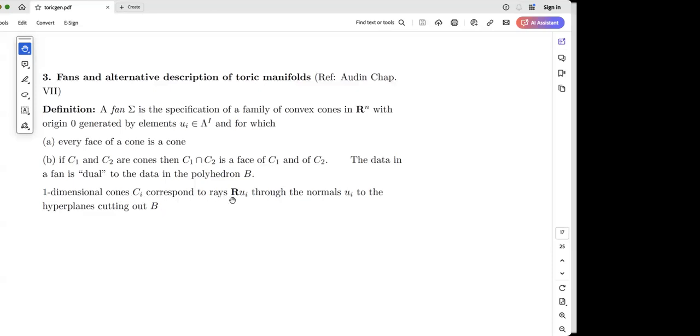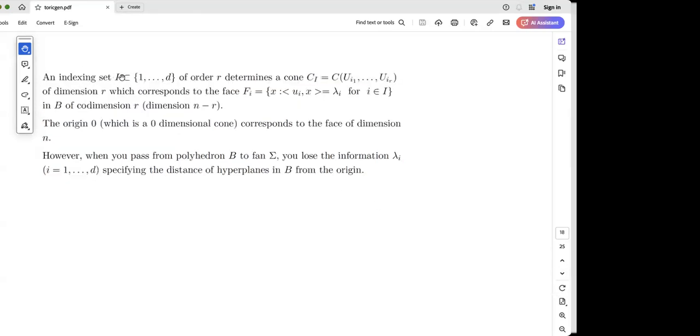One-dimensional cones C_I correspond to rays R u_I through the normals u_I to the hyperplanes cutting out B. An indexing set I in the subsets of the integers from 1 to d, say it has order r, then it determines a cone C_I, generated by u_I1 up to u_Ir, of dimension r, which corresponds to the face F_I, which was cut out by the intersection of the half spaces where the inner product of u_I with x equals lambda_I for I in capital I. So such a face has codimension r.